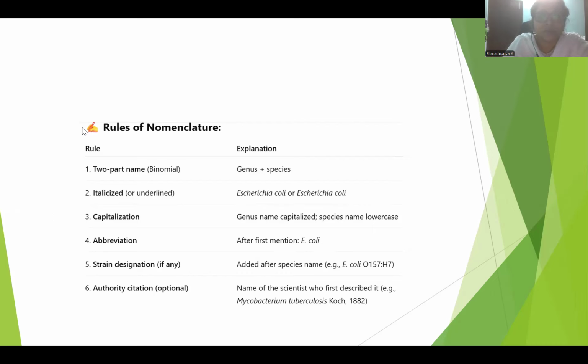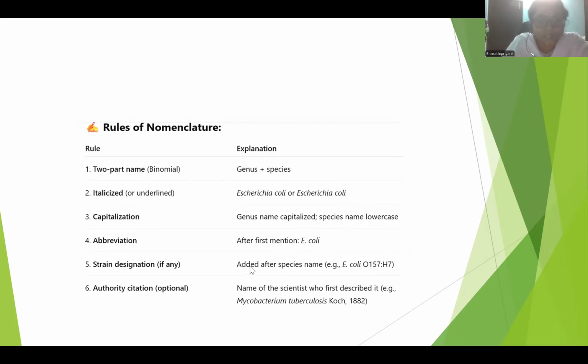There are various rules we need to follow for the nomenclature of microorganisms. The first is that it includes two parts, binomial, that is genus plus species, in italicized or underlined form, with capitalization. The genus is capitalized and the species starts in lower case. Abbreviation can also be used. For example, after first mention, Escherichia coli can be represented as E. coli.